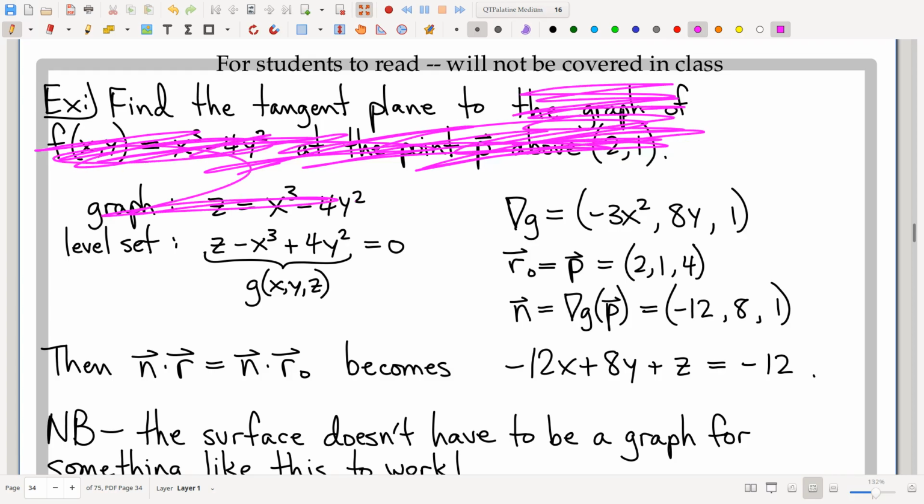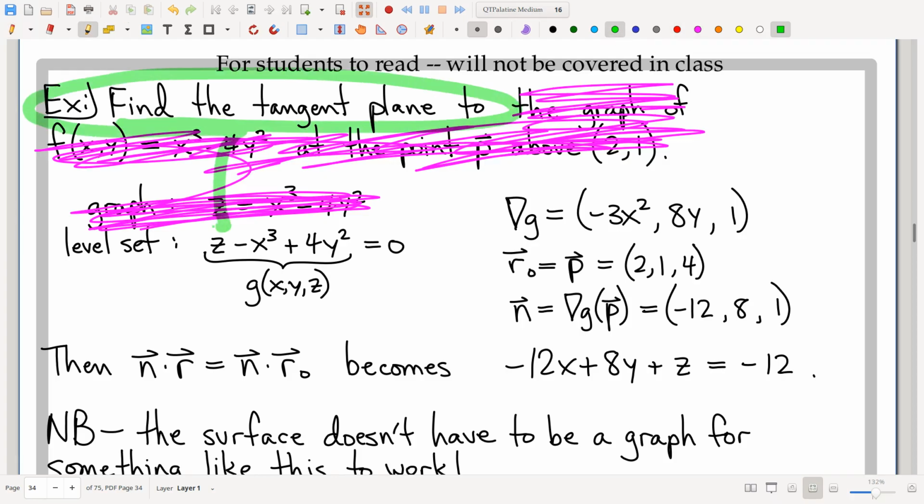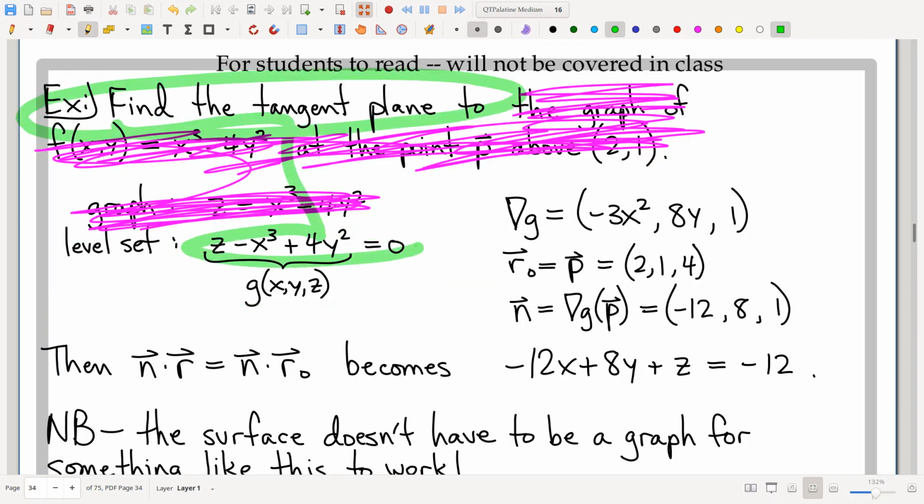What if I wanted to find the tangent plane to that level set? It might even be phrased more simply as find the equation of the tangent plane to that surface. It might just come to you as just an equation.